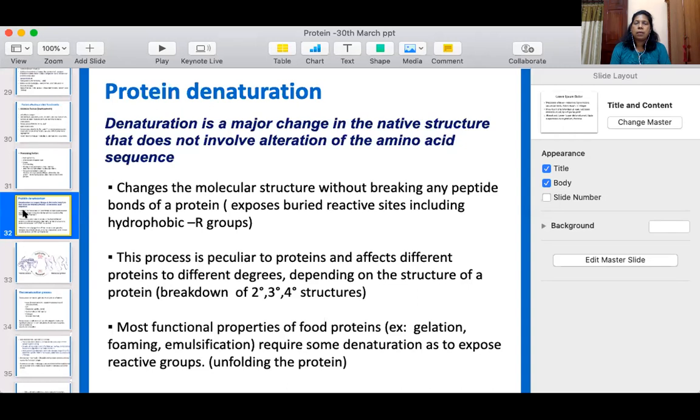The hydrophobic reactive sites, the buried ones, will be exposed. Once they are exposed, they will start working in a different way, because outside we change the environment. That is why they start acting in a different way, as a reaction to the situation.